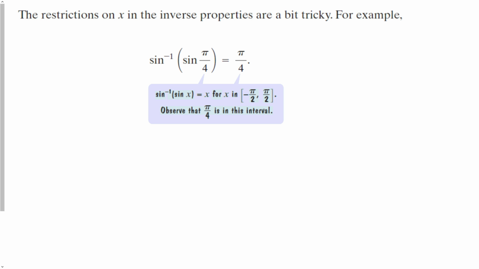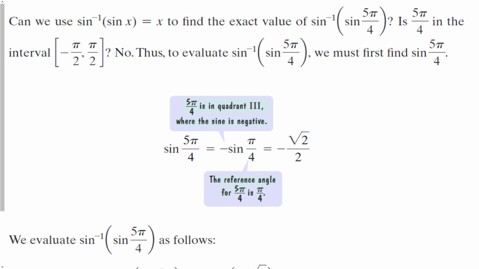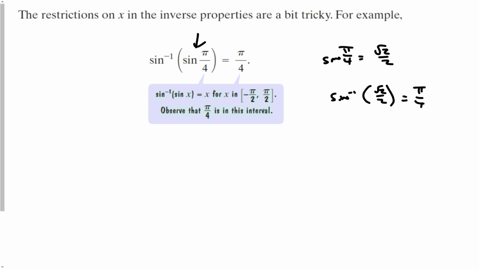The inverse sine of radical 2/2 is the angle whose sine is radical 2/2. So that is π/4. That's what the point of this was.